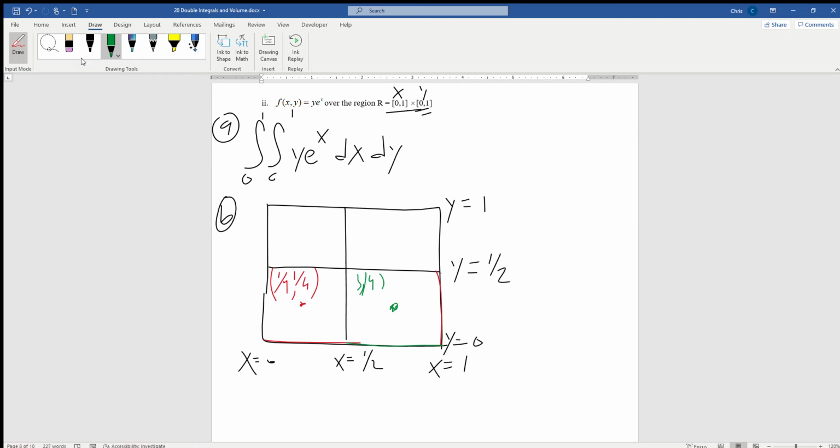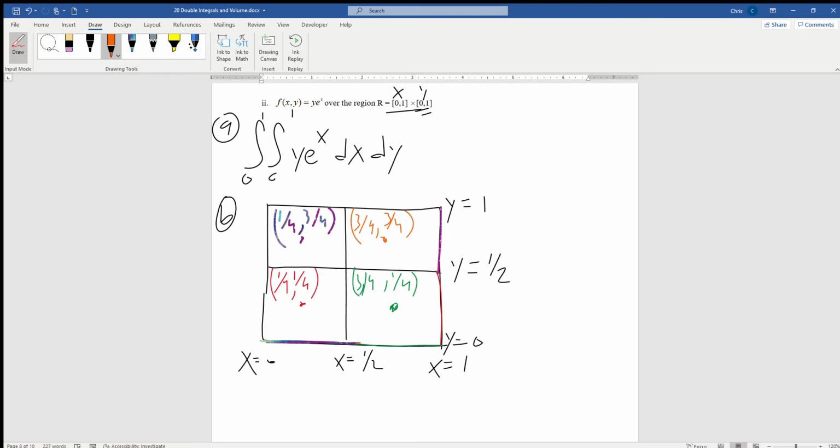And halfway between 0 and a half is a quarter. In our third box, halfway between 0 and a half is a quarter, and halfway between a half and 1 is going to be 3/4. And not surprisingly, the last of these is going to be 3/4, 3/4.